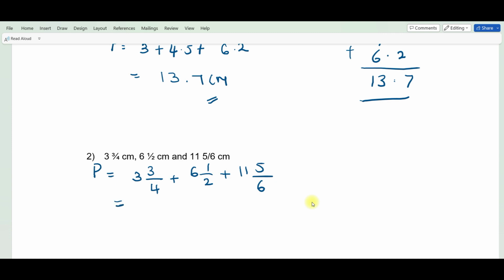We have 4 3 times is 12 plus 3 will give me 15. So 15 by 4 plus 2 6 times is 12 plus 1 is 13 by 2. Similarly, 11 times 6 is 66 plus 5 will give me 71 and 6 as the denominator. So I have just converted this.